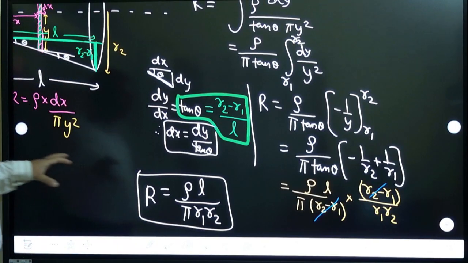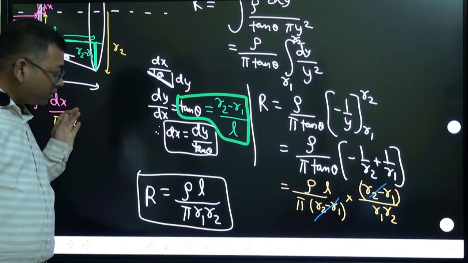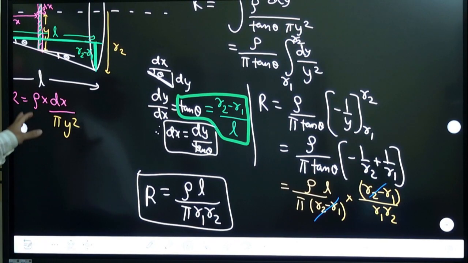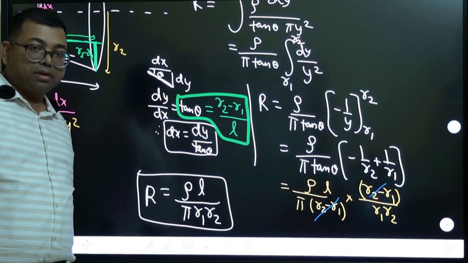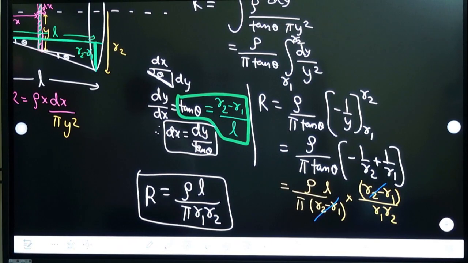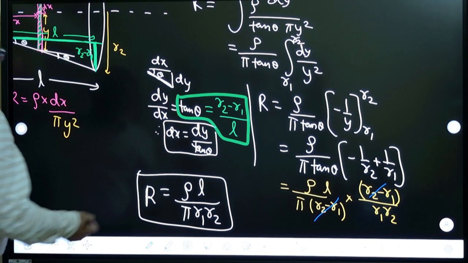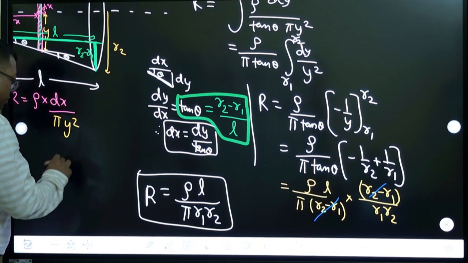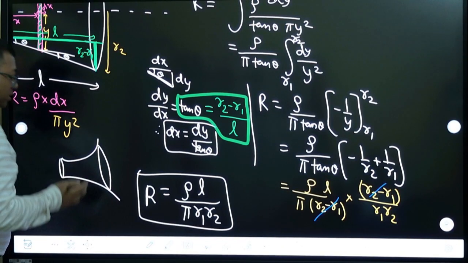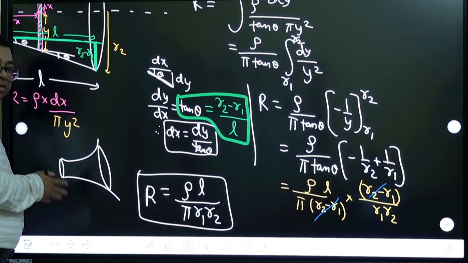So this is the resistance of a wire whose radius is changing linearly, because the slope tan theta is constant. Okay, if a non-linear change is there, then it is a difficult thing. For example, if a non-linear change is happening, we cannot think about it this way.